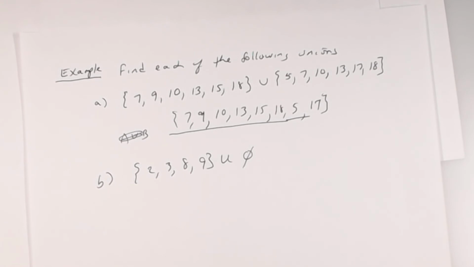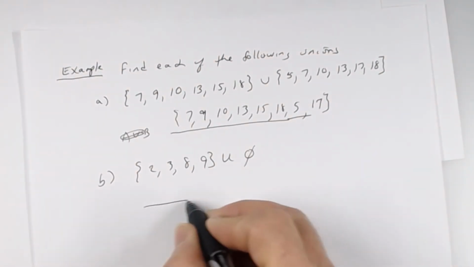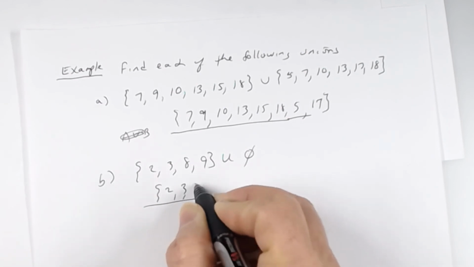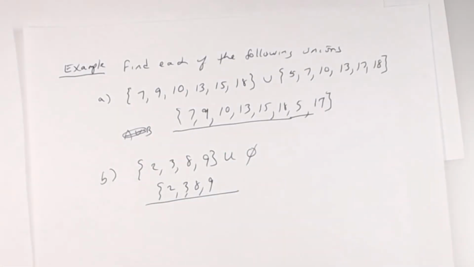What's the union of a set and the empty set? The set. Because remember, the definition of union says my answer is going to be everything that's in the first set and everything that's in the second set. So my answer will be 2, 3, 8, 9. Now let's go to the other set. Well, there's nothing in the other set, right? So I'm done.